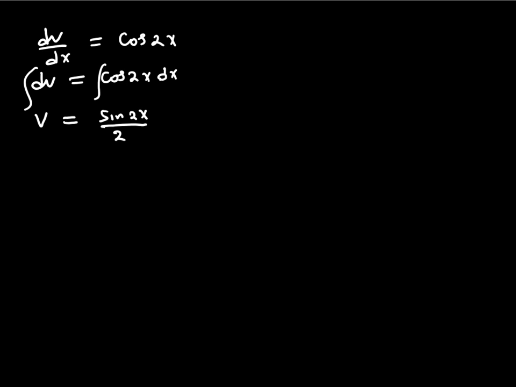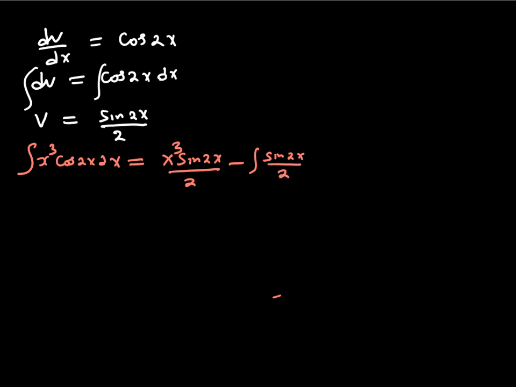The integral of x cubed times the cosine of 2x dx will give us u times v. Remember, u is x cubed, times the sine of 2x over 2, minus the integral of v, which in this case is sine 2x over 2, dx.